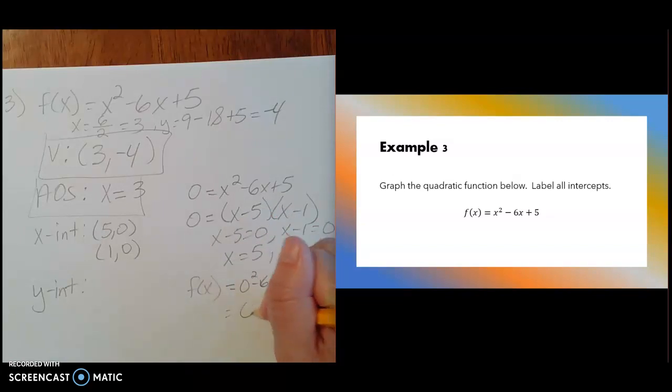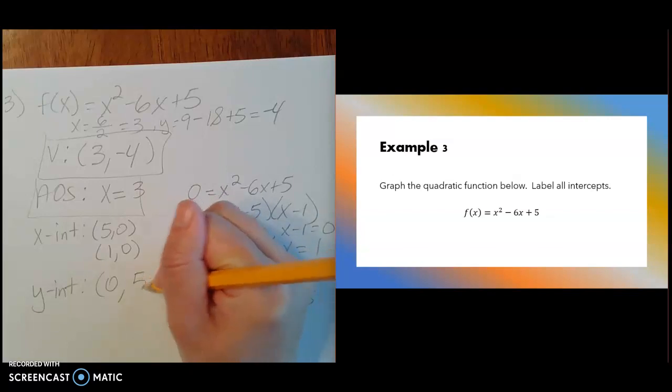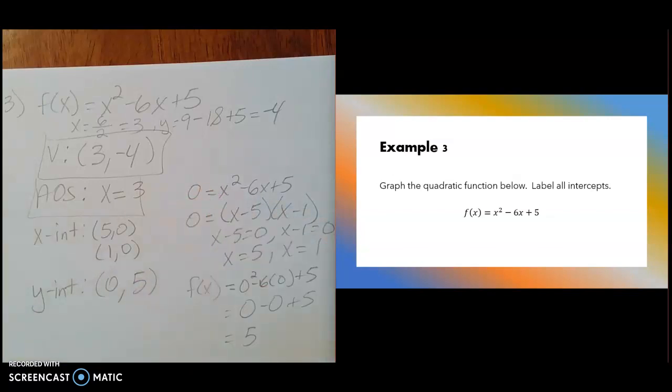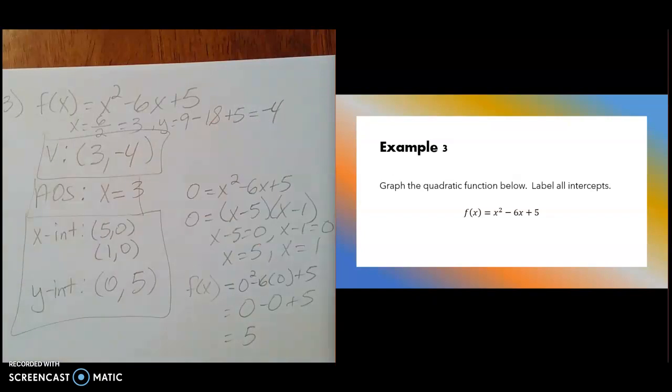So 0 squared, of course, is 0. 6 times 0 is 0. And then we'll add 5. So we've got 0 minus 0, which is 0. 0 plus 5, which is 5. And now we have a y-intercept at the point where x is 0 and y is 5. So you can see all of that information that I can find from my equation.